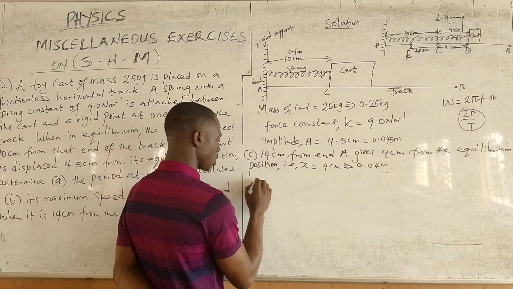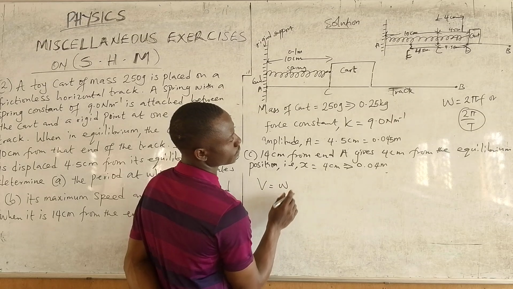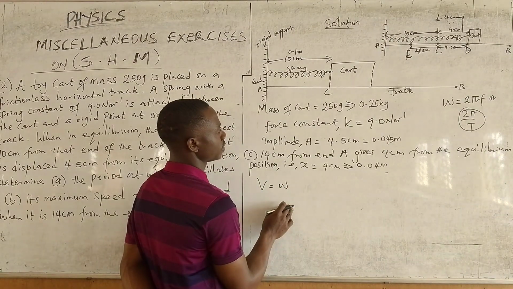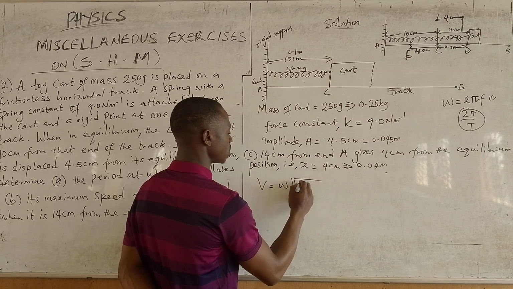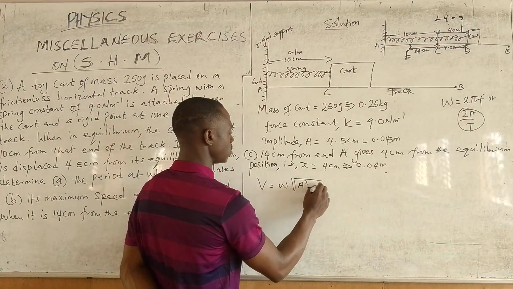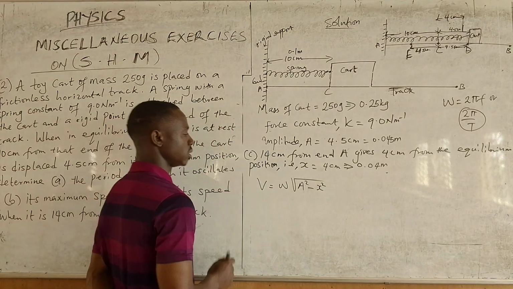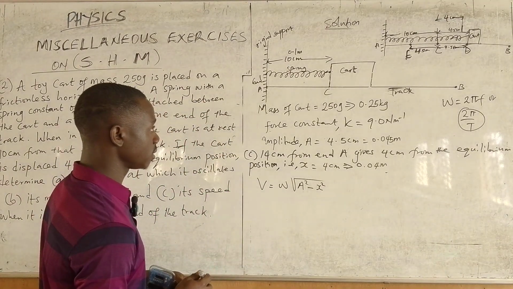So this formula comes in: V equals omega into root of A square minus x square. I believe you have not forgotten this formula. Okay?